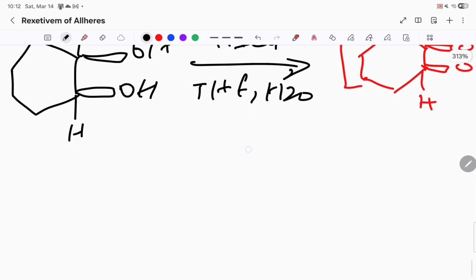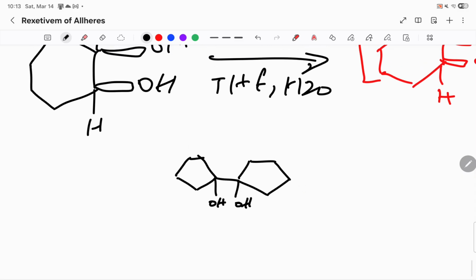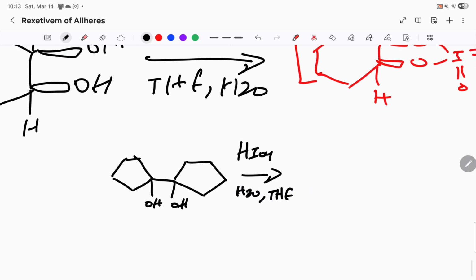Now let's actually do this, and let's link these together. And let's say that they both have OHs here. If I put this through another periodic acid in aqueous THF reaction, this would generate what?